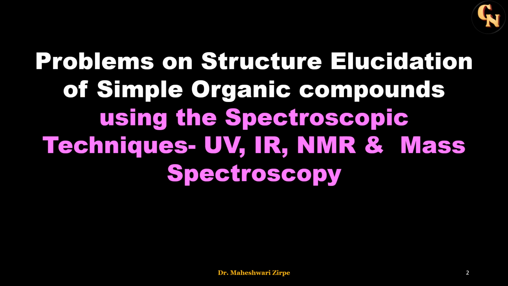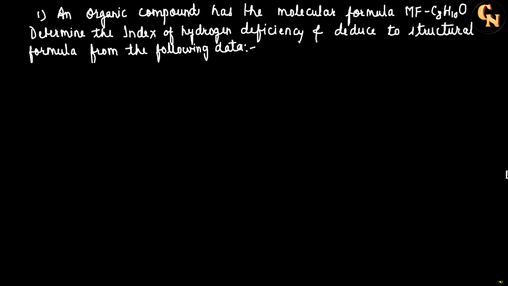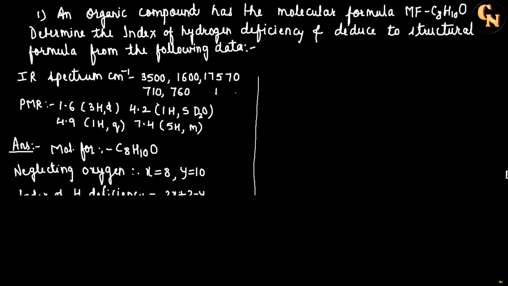So let us begin with the first one. An organic compound has a molecular formula C8H10O. Determine the index of hydrogen deficiency and deduce the structural formula for the following data. The data is given to us.